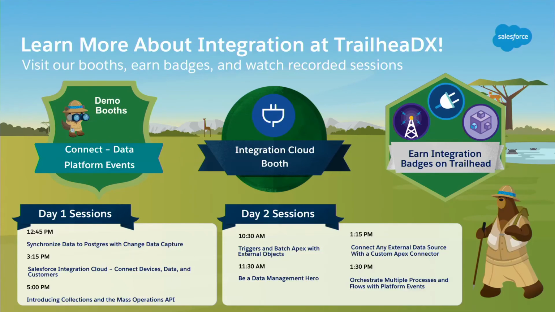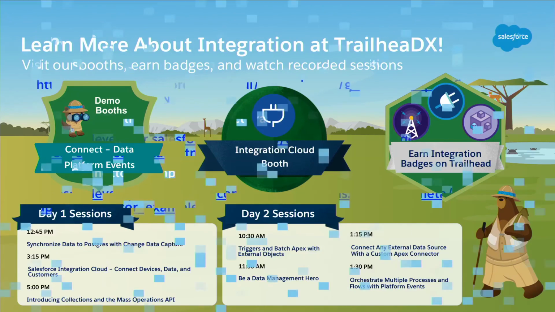We also have our Integration Cloud booth right at the front. And you can earn badges and learn more about integration on Trailhead. It's probably the end of TrailDX, so I think all of these sessions have passed. But I highly recommend this one that happened at 10:30 this morning, if you can find the recording. It's on external objects, how to write triggers and batch Apex with them. And Jintong is in that presentation, and she talks a lot about the roadmap.